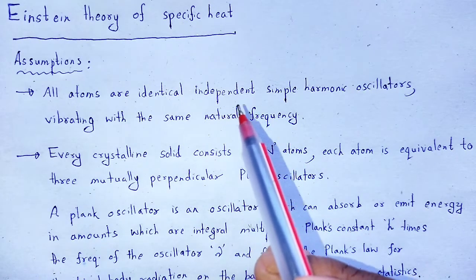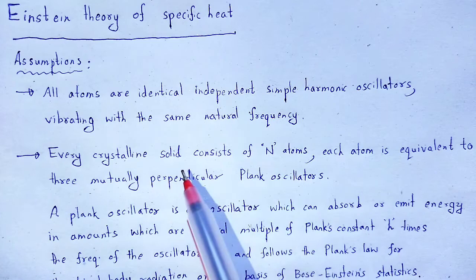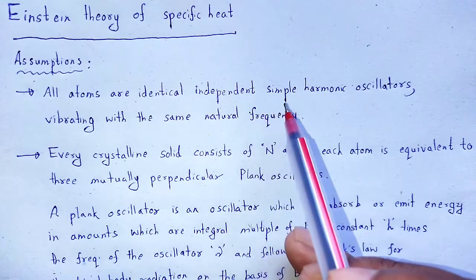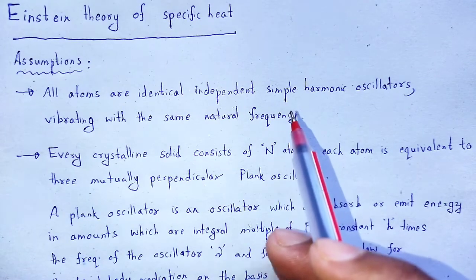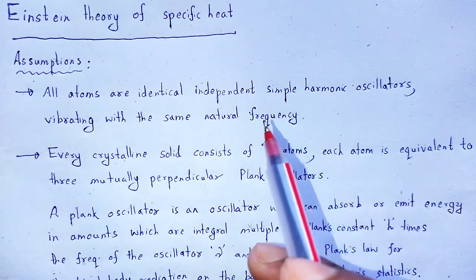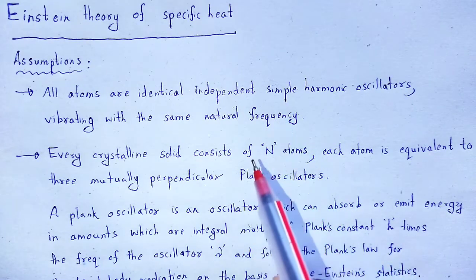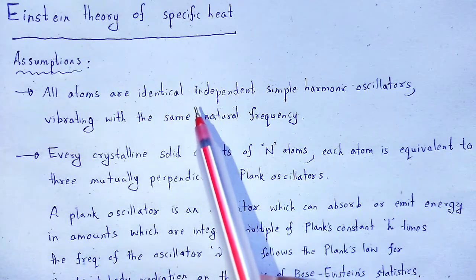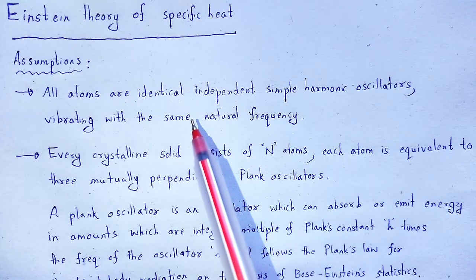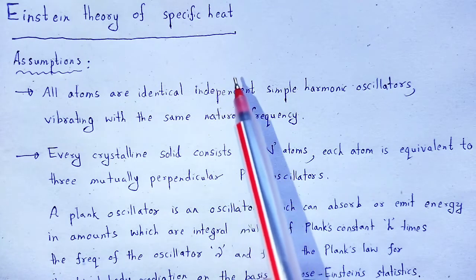In the Dulong and Petit law that point is the same, that is, simple harmonic oscillators, but the Dulong and Petit law is based upon classical theory. In Einstein's theory, he proposed quantum theory to explain the specific heats of solids.